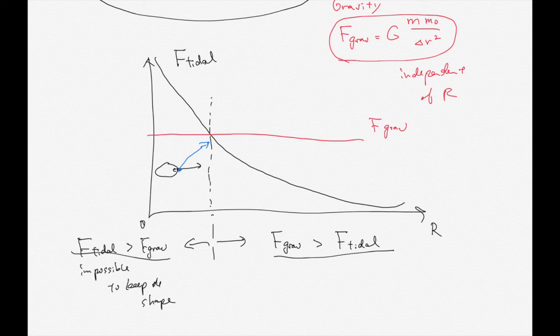But in the outer regions, gravitational force is much stronger than the tidal force. Then this object can stay on the rotating object, so it keeps its shape.